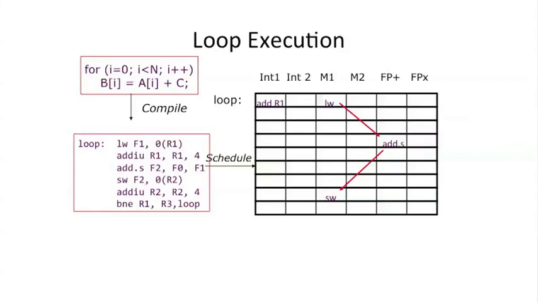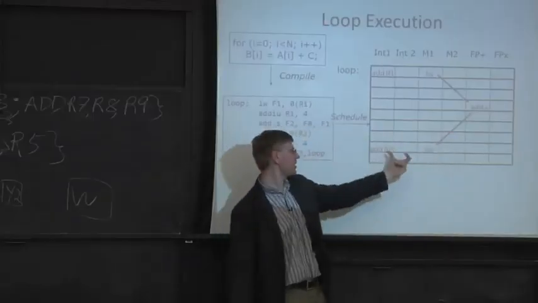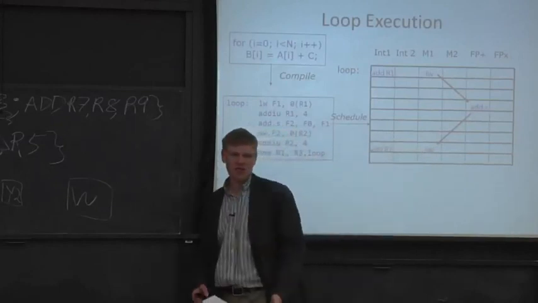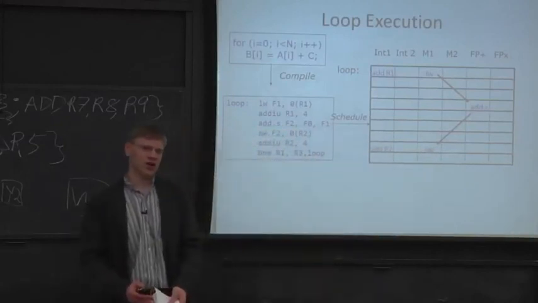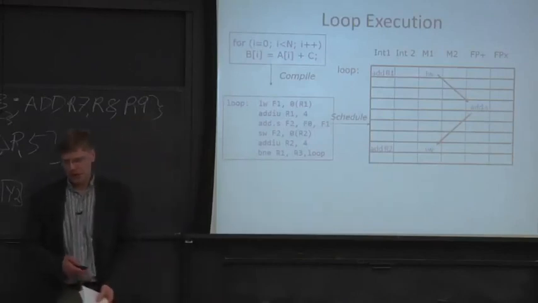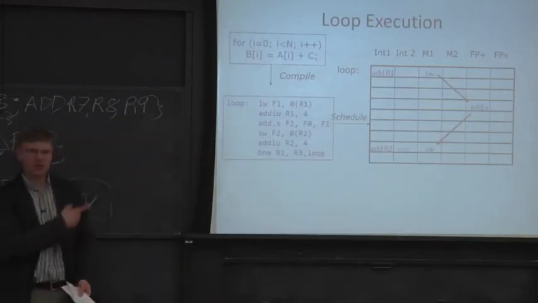And I don't know, it can sprinkle in the array additions and the counter additions somewhere free. It has lots of open slots. But let's say it schedules it at the same time as the load and the store. So this is pretty cool. We are actually executing two-wide parallelism here. And we didn't need all the extra overhead of in-order superscalar. Oh, and we can even schedule the branch somewhere.